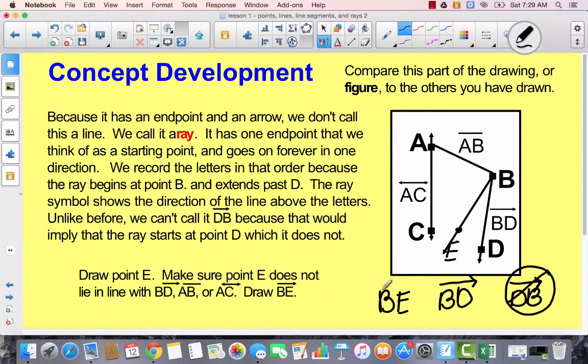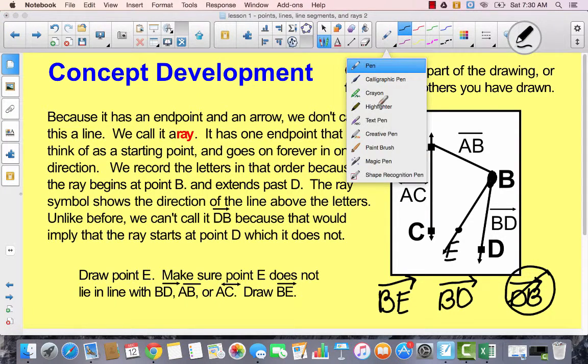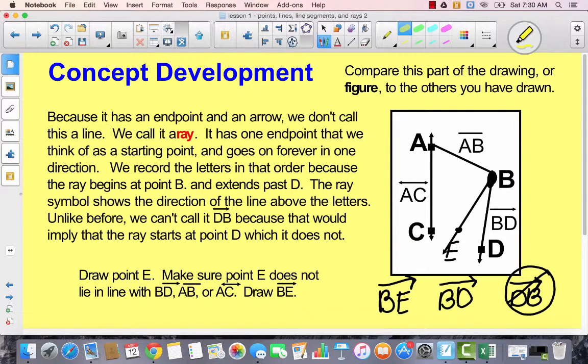Notice that these two rays share an endpoint, this endpoint B. This is called an angle. I'm going to highlight it for you so that you can see exactly what the angle is. Now, when you have two rays that share an endpoint, it is called an angle.